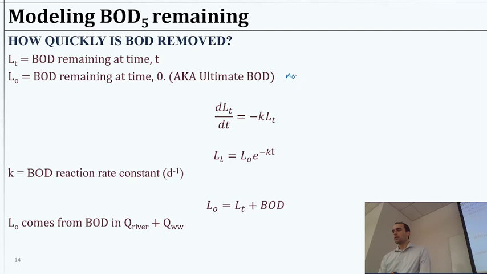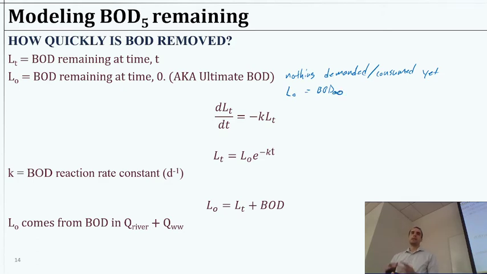So we'll say nothing demanded yet or consumed. And we can say BOD or L naught is equal to BOD at infinity. Meaning if we left it there forever and measured how much was demanded, that's the value.